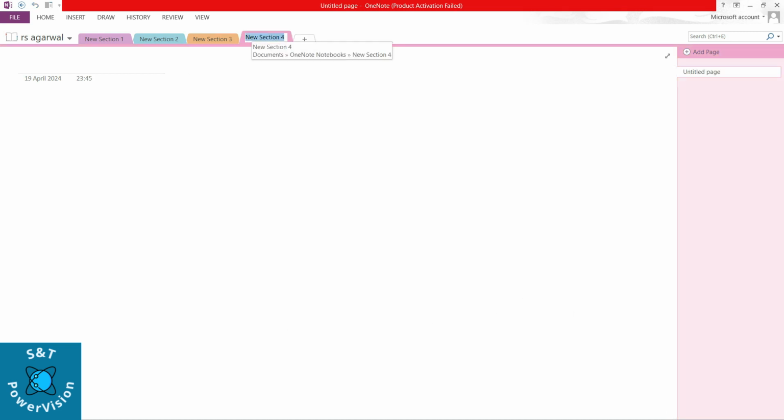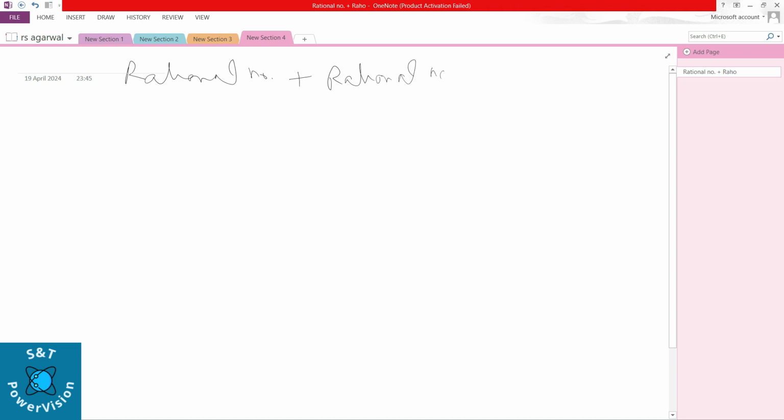Now the next question is to prove that 2 minus root 3 is an irrational number. Remember one thing, there are some formulas: the sum of a rational number plus a rational number is always a rational number. It is also true in the case of subtraction and multiplication.